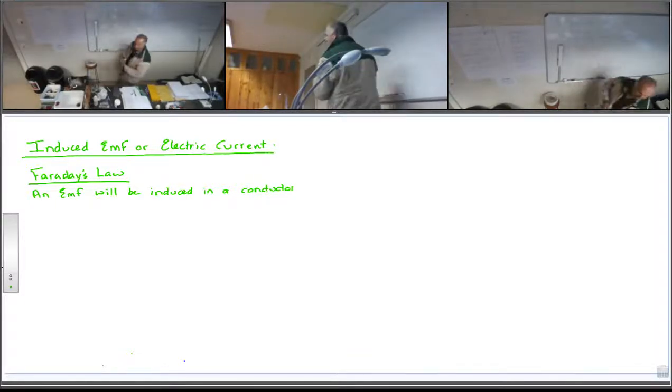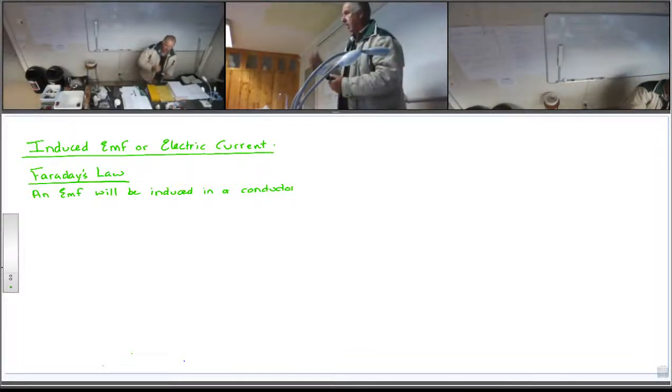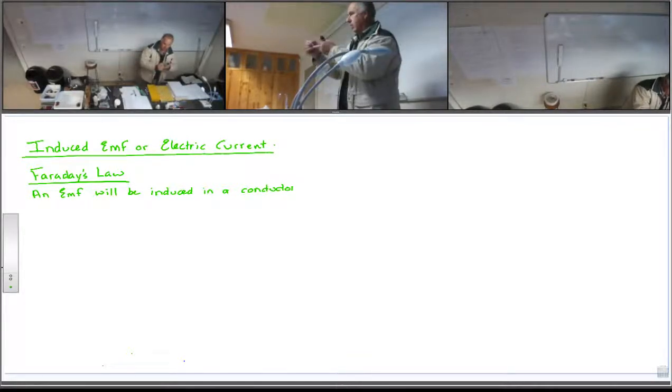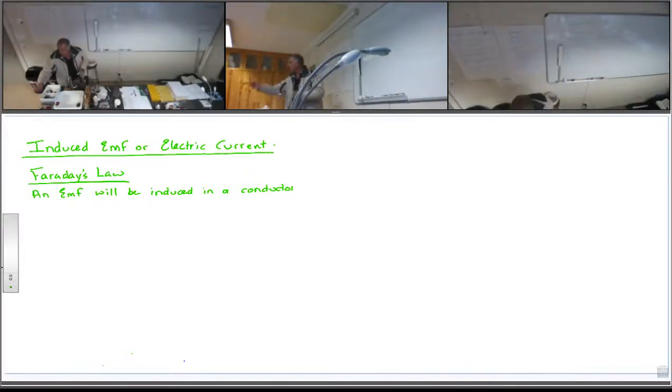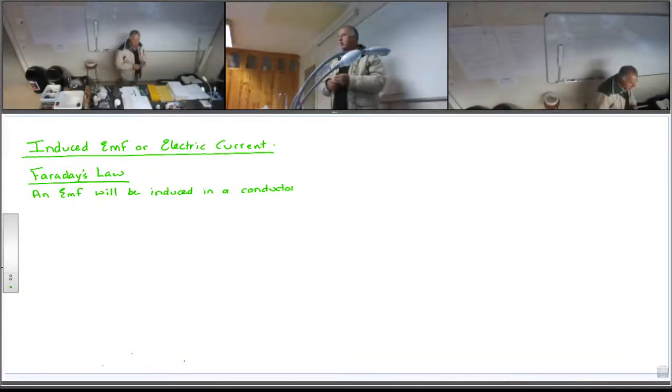It can be a straight piece of metal like this, with or without a complete circuit attached to it. It doesn't have to be a full coil. Your textbook talks about it as if it was a coil, or a coil like this. You get different types of coils, but it doesn't have to be. It can be any conductor, complete circuit or not.